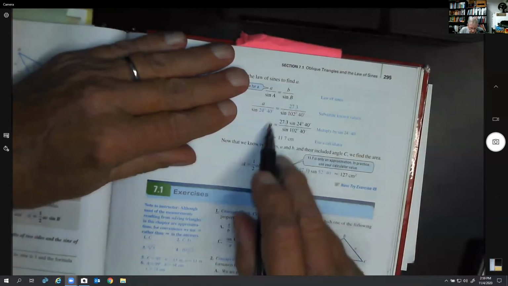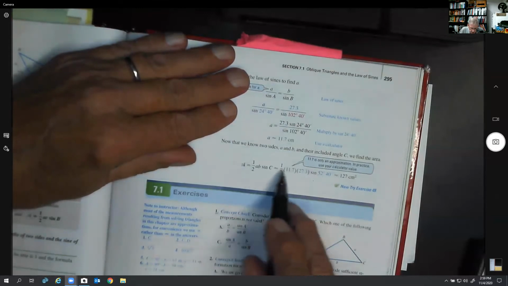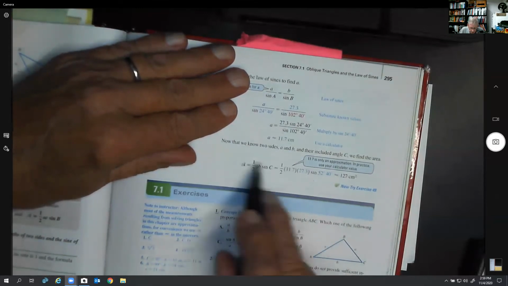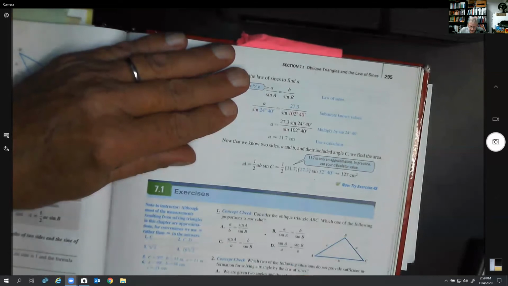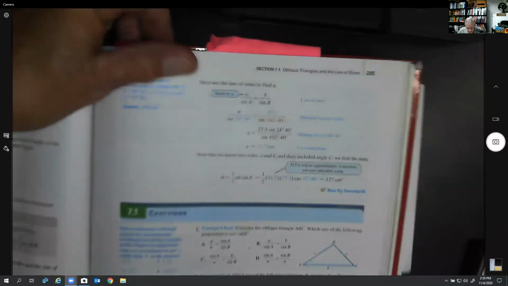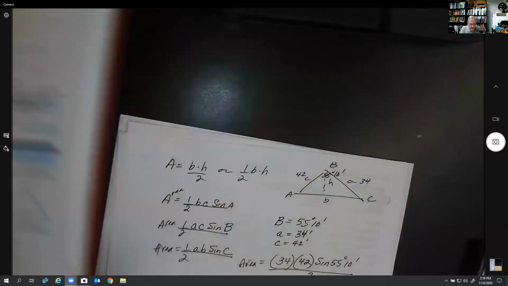They had to use the law of sines to find A. And then once they found A, they could use this formula to find the area with angle C, and they could calculate it out. So sometimes you might have to go through a two-step approach.